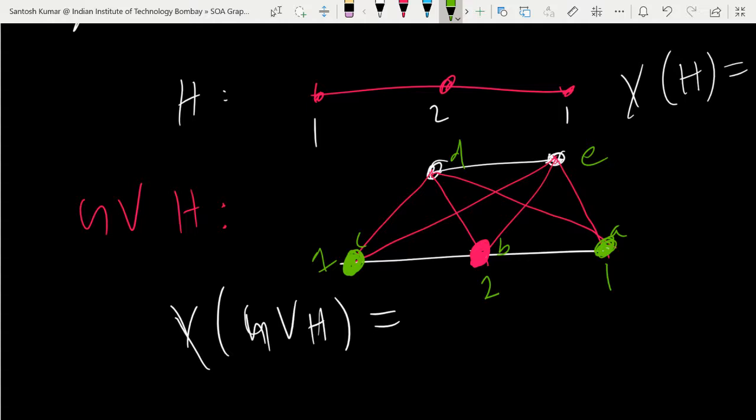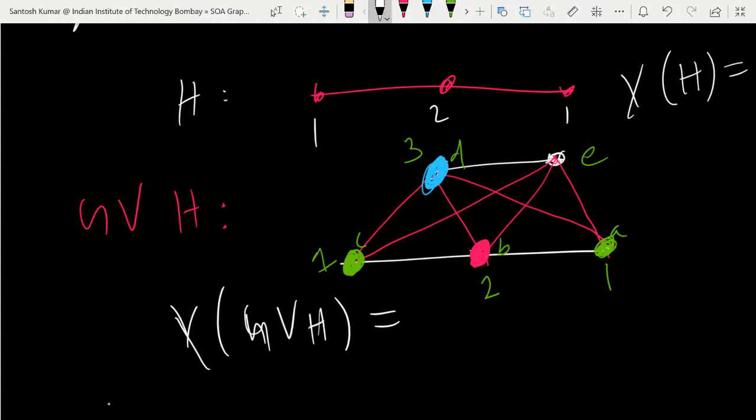Now D needs another color. With colors 1, 2, 1, D needs a third color because D is adjacent to both A and B, which have different colors.